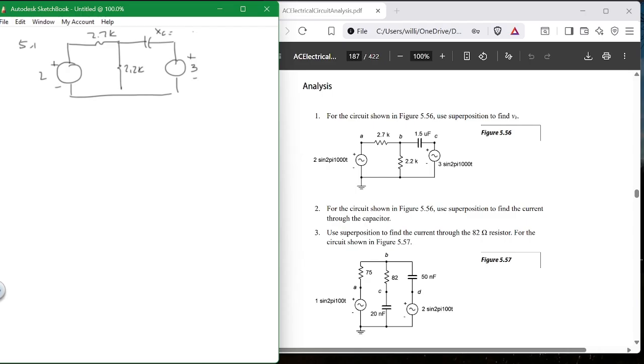What is it? It's 1 over j 2 pi times F, which is 2 pi times 1,000 times C, which is 1.5 times 10 to the minus 6.